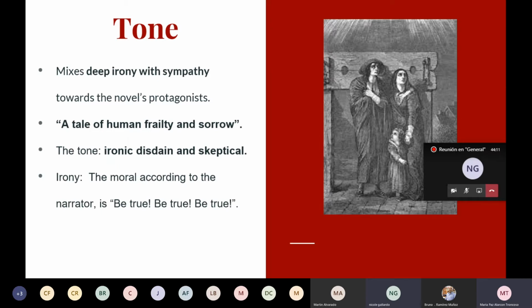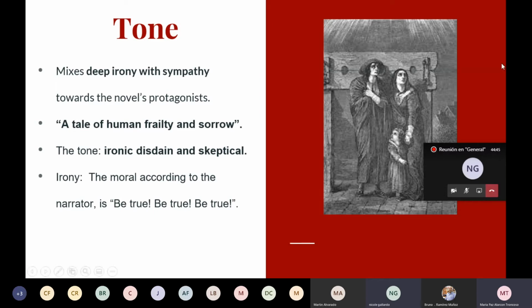So the tone of the novel is also highly skeptical, often questioning events as they are being described, suggesting that the underlying themes of the story are more significant than the specifics of Hester and Dimmesdale's tale. And at the end of this story, according to the narrator, what matters is the moral of this novel, which says, "Be true, be true, be true."